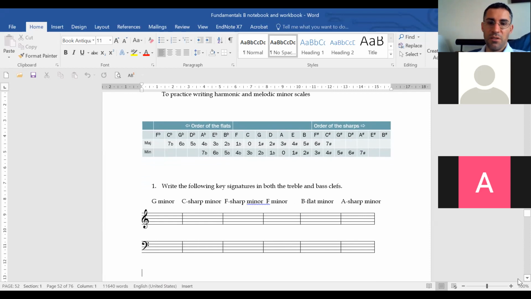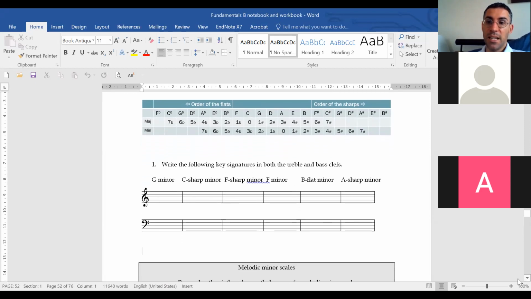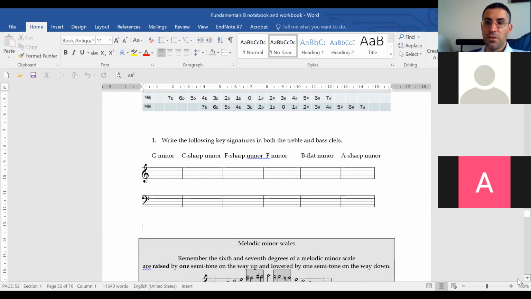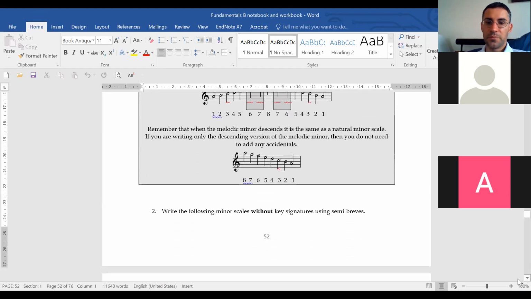This week, we're going to be looking at minor key signatures. So your first question, for example, is G minor. On this table, you go to the minors, you look for G minor, there it is, and you'll see that it's got 2 flats. So you put the G minor key signature, and that's how you work out all of those. Okay, so those are your key signatures.